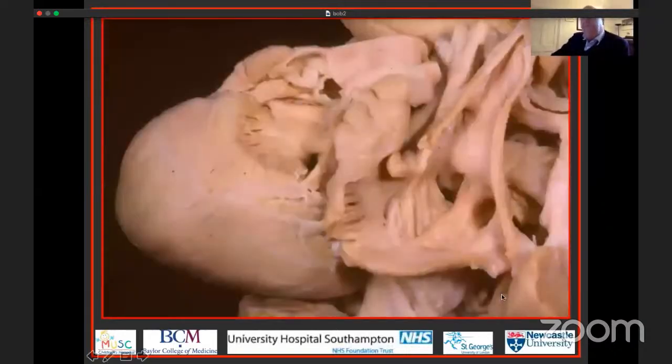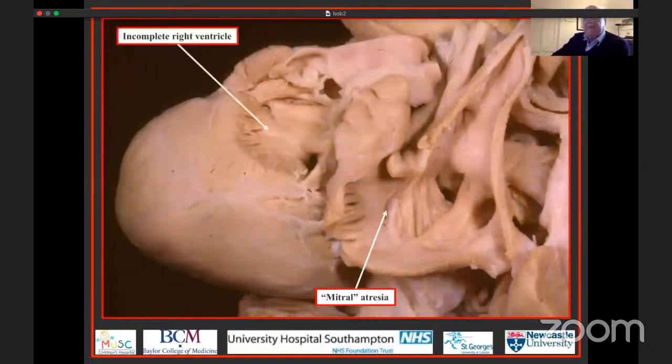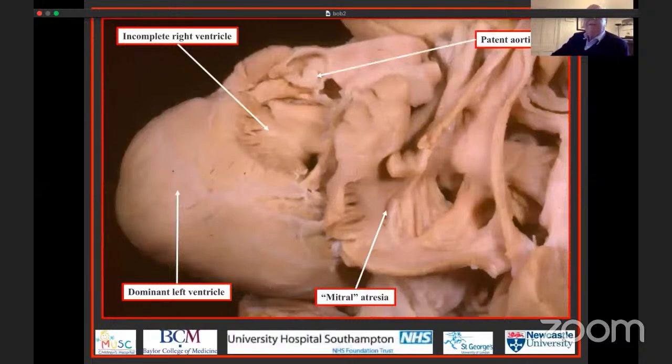So there are various entities that we can put together as mitral atresia with patent aortic root. Here is one potential candidate. We have mitral atresia. You see that dimple in the floor of the left atrium. Diane has shown you that several times now. But this time, the patent aorta is arising from an incomplete right ventricle, and the left ventricle is dominant.